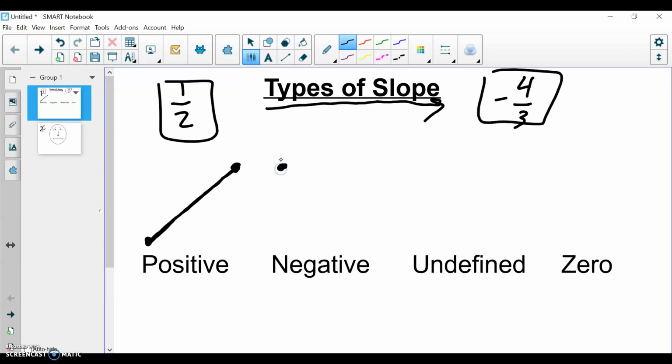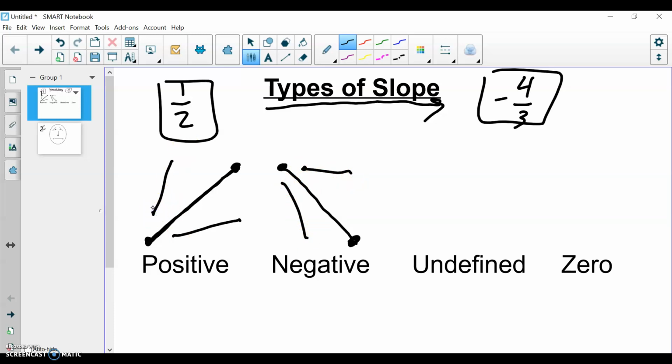Negative lines start from the left, and they will follow a slope that goes down. Now, these could be pretty steep, they could be pretty low. It doesn't matter, but if you look at all of them from the leftmost point, they still either go up or they still go down, right?